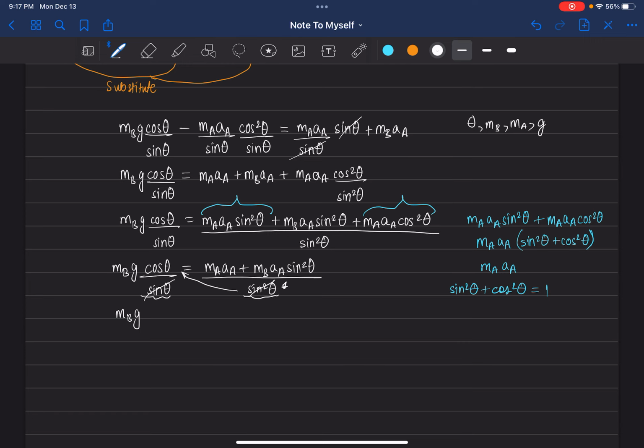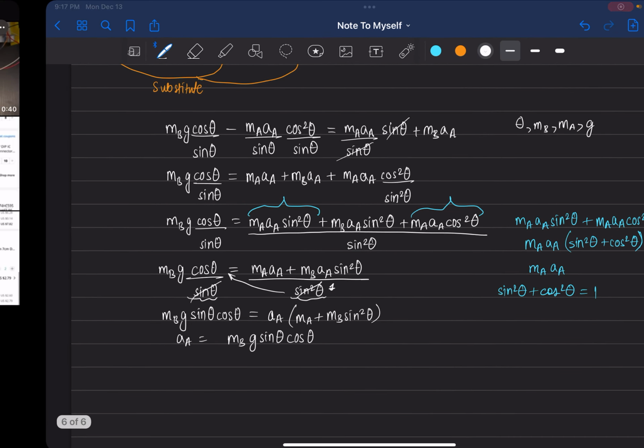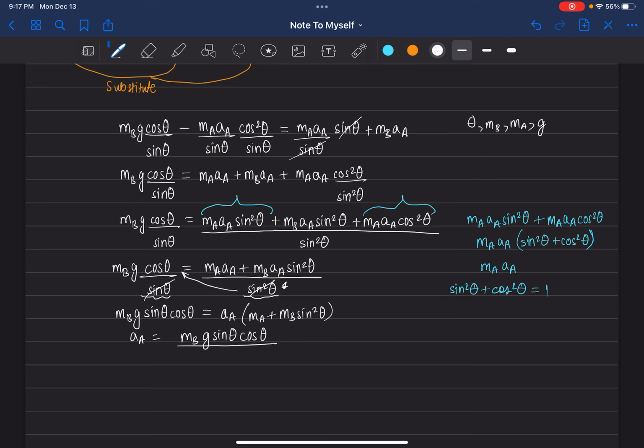So sine theta cosine theta equals, I'm going to take acceleration of a common from both of these, and I get m of a plus m of b sine squared theta. So the final equation I get is this right here. m of a plus m of b sine squared theta.